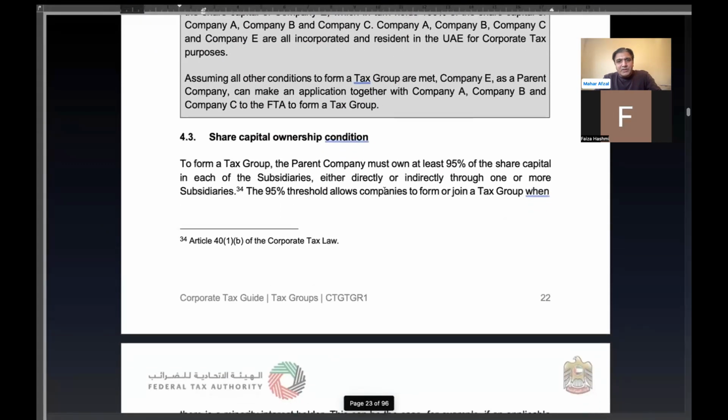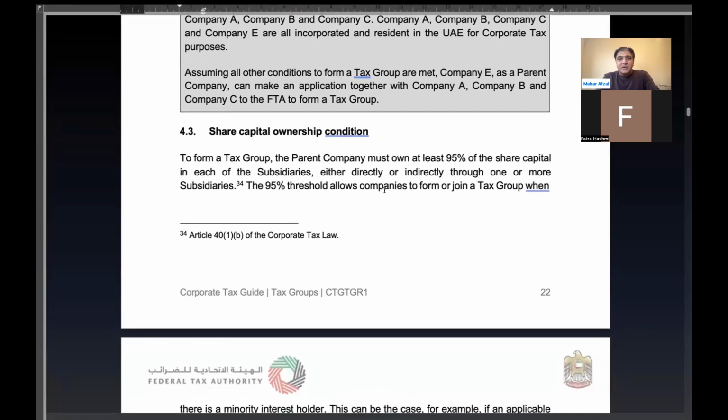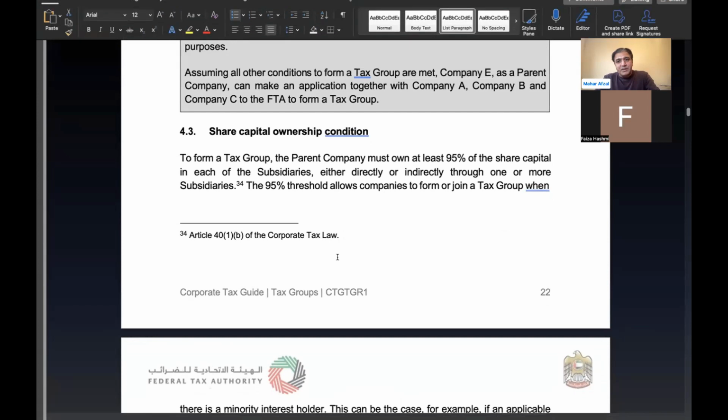Share capital ownership condition: the ownership condition is 95%, as I said, of the nominal value of the issued or paid up capital. I'm repeating, 95% of the nominal value of the issued or paid up capital.